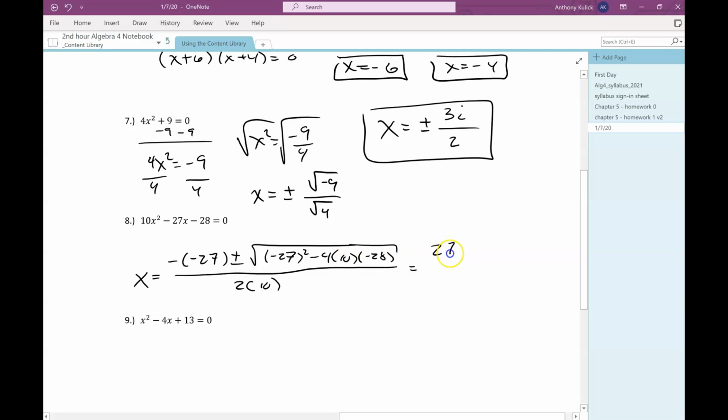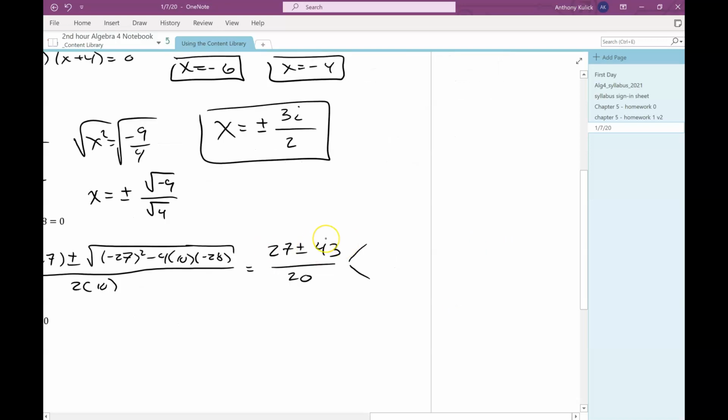So negative of a negative 27 is positive 27. 27 squared minus 4 times 10 times negative 28, square rooted, is 43. So since 43 is a whole number, I definitely do the plus or minusing. So 27 plus 43 over 20, and 27 minus 43 over 20, which gives 70 over 20, or 7/2, and negative 16 over 20, or negative 4/5.